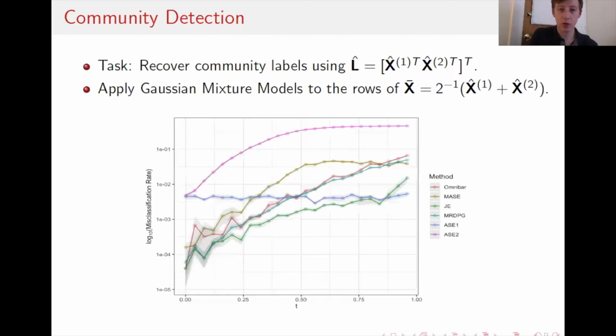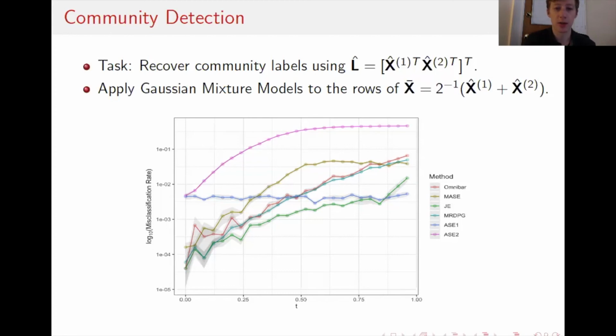And so when you apply Gaussian mixture models to this, these are the results of that simulation in comparison to other community detection algorithms. Here on the vertical axis is the misclassification rate, and on the horizontal axis is t. Remember, as t gets larger, the networks become more heterogeneous and the clustering problem becomes more difficult.